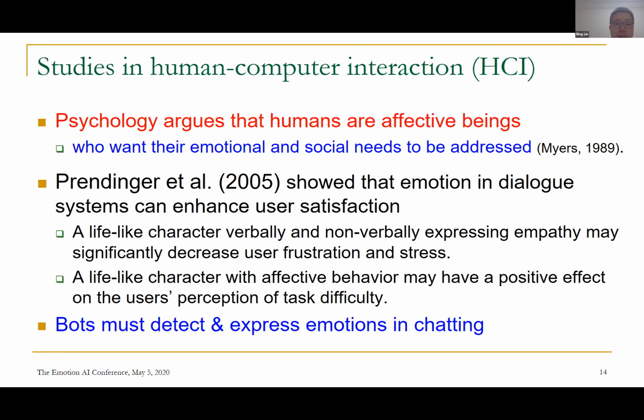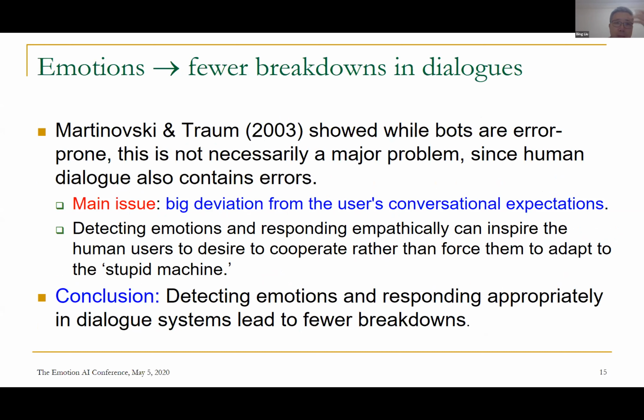Another study which is also quite interesting did some experiments as well. When we talk to a chatbot, we sometimes think the chatbot doesn't understand or makes mistakes, but they found out many years ago that's not necessarily the most important problem, because human beings make lots of mistakes as well.